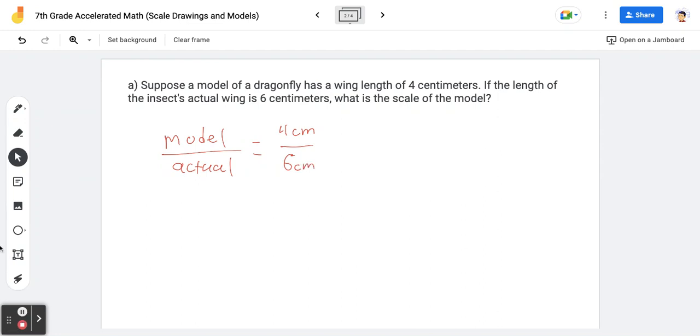They gave us those values, both represented in centimeters. So 4 centimeters to 6 centimeters is equal to 1 centimeter to some unknown amount of centimeters. We'll use this to find our scale. We have our proportion already set up, so let's use our cross product.